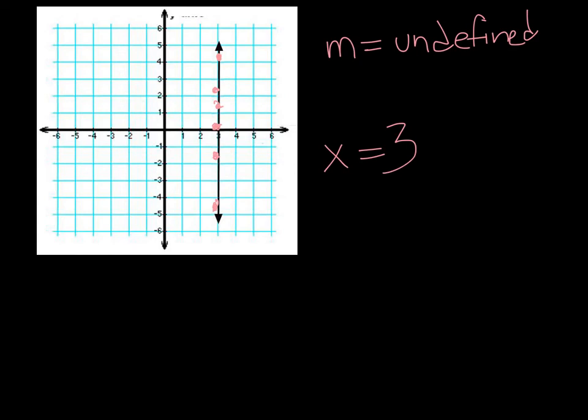If my vertical line was here, the equation for that one, it crosses the x-axis at negative 3, would be x equals negative 3.